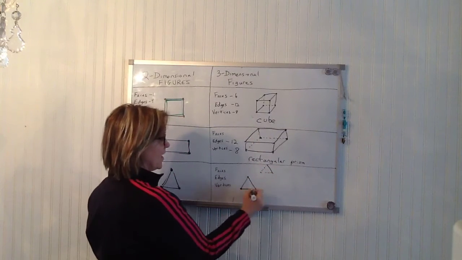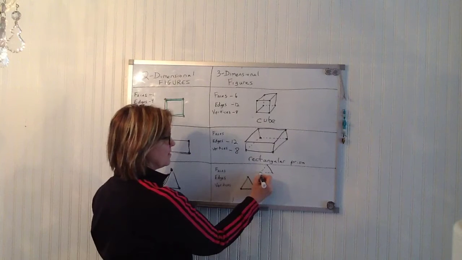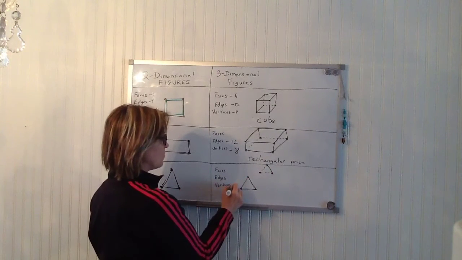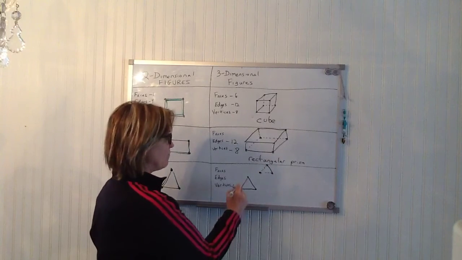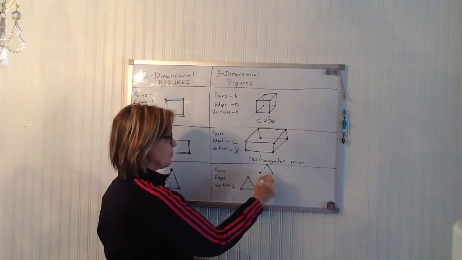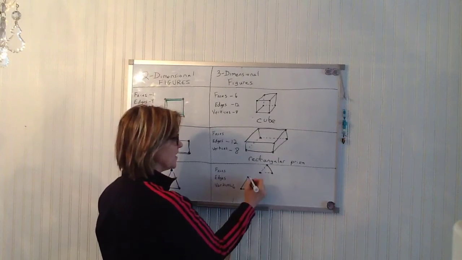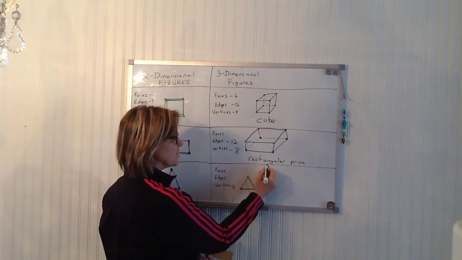So right now I have 1, 2, 3, 4, 5, 6 vertices. Those won't change. I have 1, 2, 3, 4, 5, 6 edges, but now I need to make those connections. Each one of these vertices gets connected.